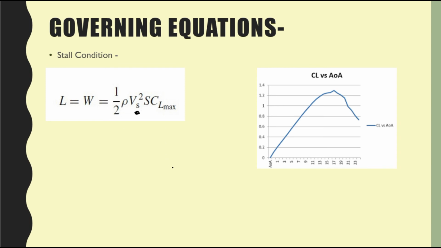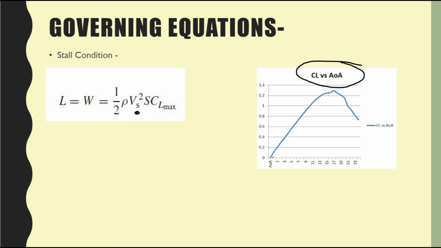Now coming to the stall condition, I have brought you here a graph of coefficient of lift versus angle of attack. Let's draw over the graph and understand its nature.